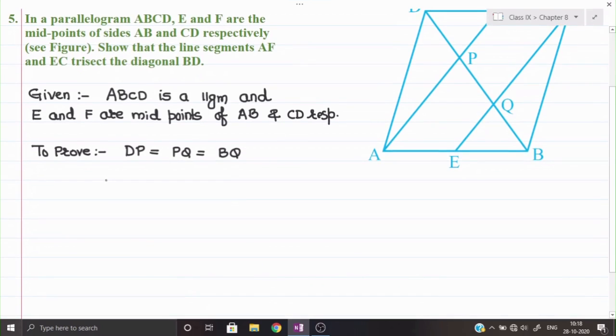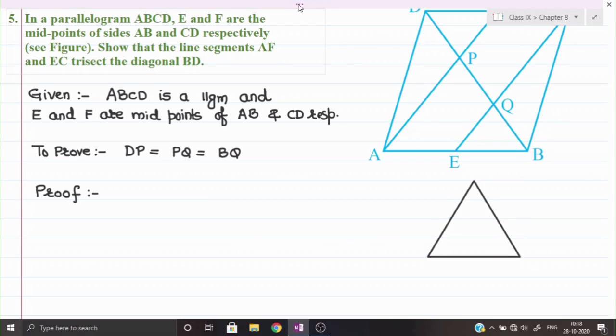First we shall write down the proof. Now here also I will take some triangle and prove it. First of all I will make one triangle here. Suppose this is the required triangle, and in this triangle I will draw one line as I did in the previous question. Okay, so this is my triangle.